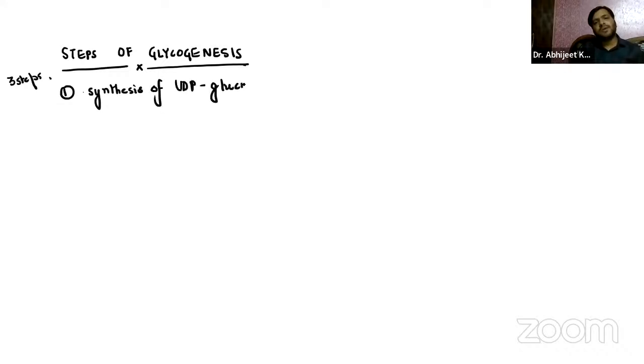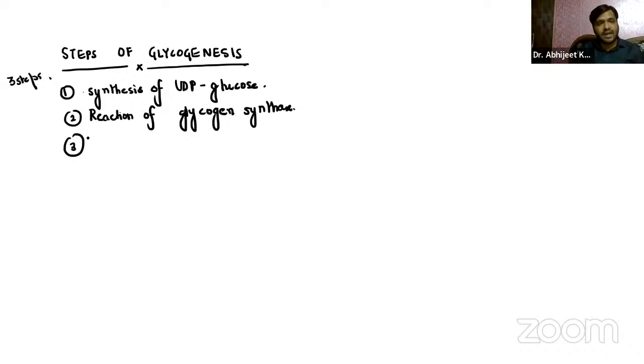Then we have the reaction of glycogen synthase. Very, very important. Just write down the three main headings, and then we have the steps of branching, right? Now, let us understand each one by one.